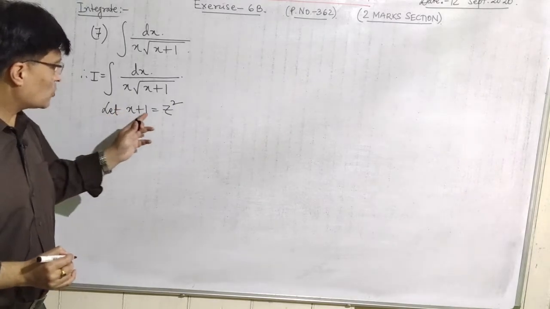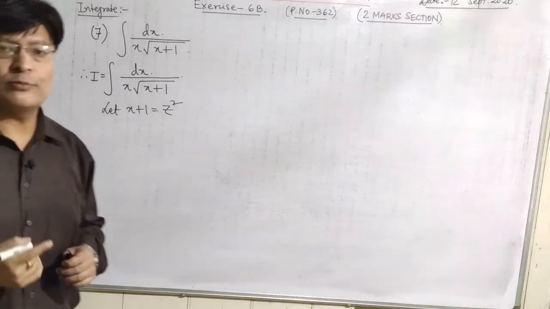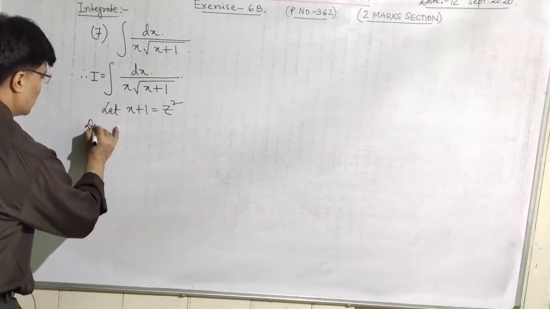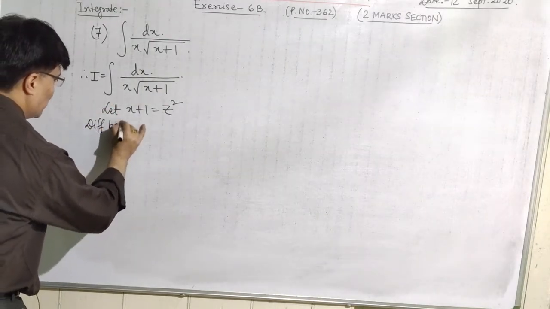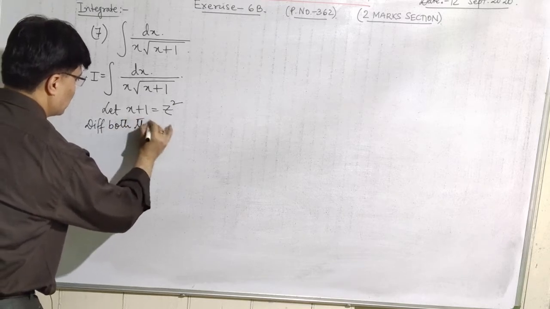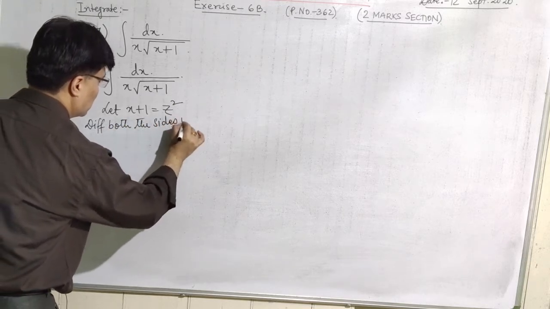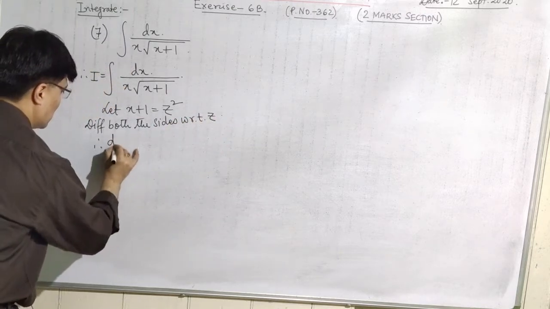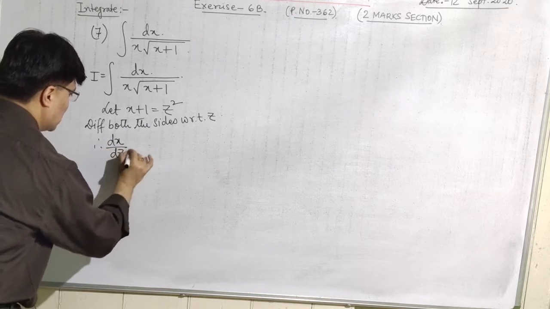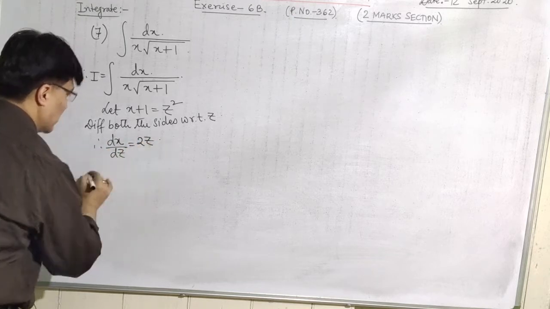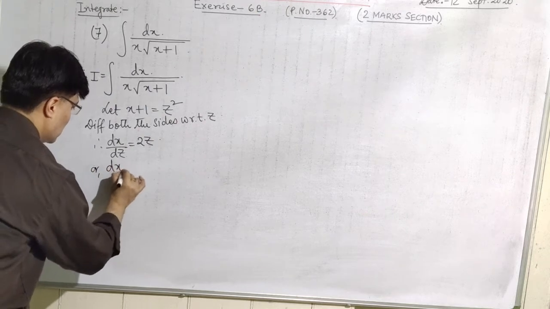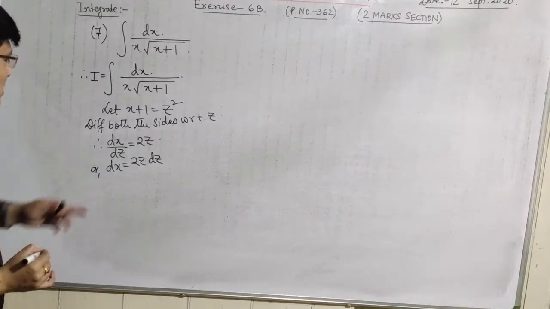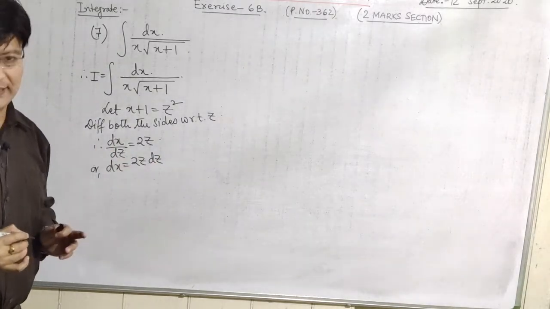If we put x plus 1 is equal to z square, it will be root over z square is equal to z. Okay, so let us differentiate both the sides with respect to z. Therefore dx by dz is equal to 2z, or dx is equal to 2z dz.